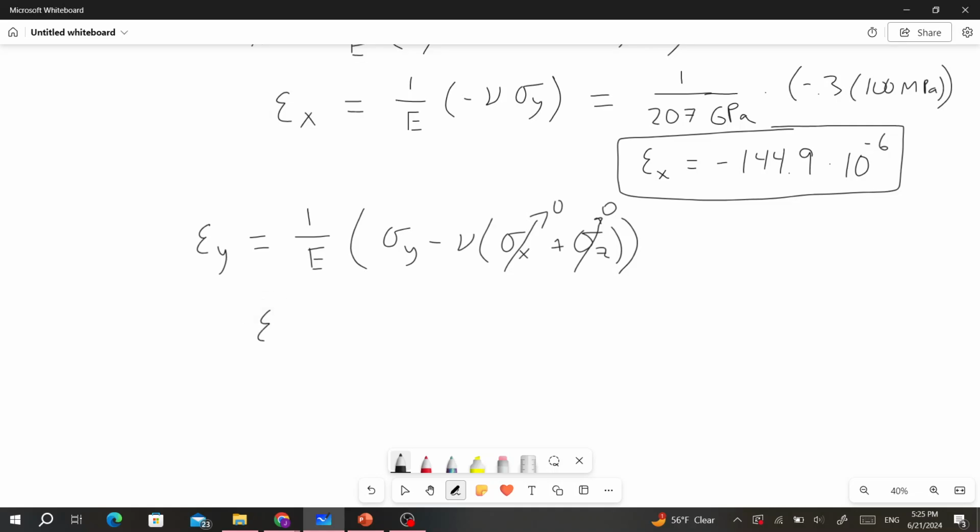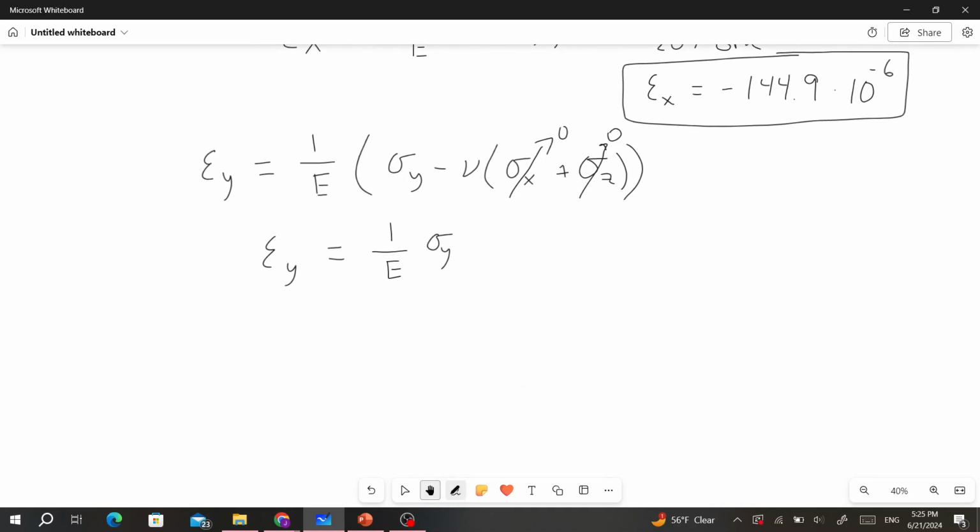So this reduces to epsilon y is equal to 1 over E times sigma y. And that's just your simple stress-strain relationship now in 1 dimension. So when we plug in our numbers, we won't rewrite the numbers just to save ourselves a little bit of time. But we plug our numbers into our calculator, and we have epsilon y is going to be equal to 483.1 microstrain.